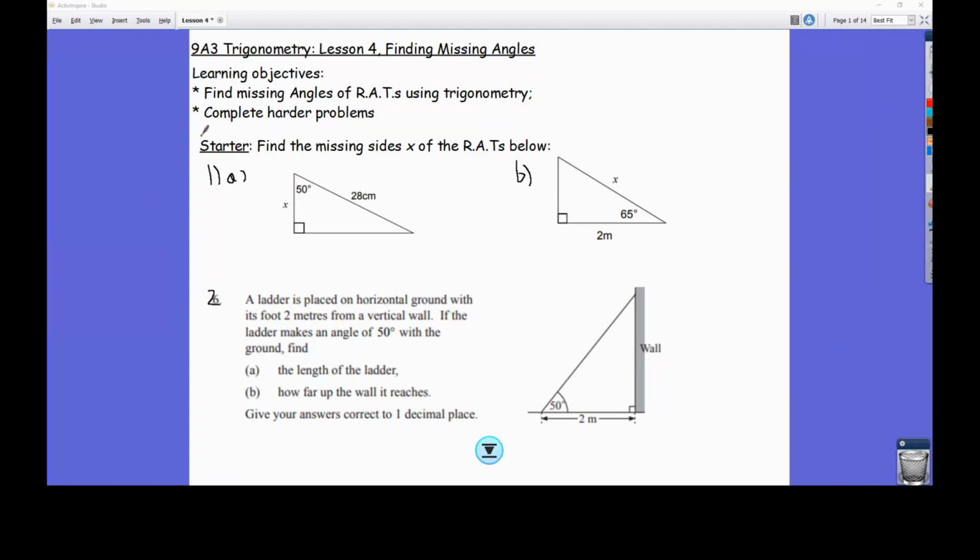So we'll start off with some nice real-life problems, similar to the problems to do with navigation that we've looked at, to do with ships and distances between the height of a cliff and the base of a cliff, things like that.